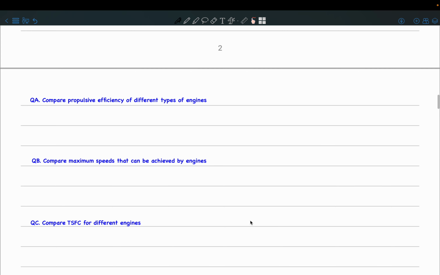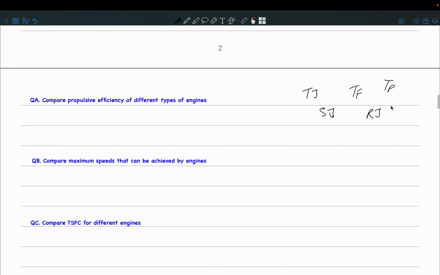Can you give me a comparison of the propulsive efficiency? We just discussed the definitions. Propulsive efficiency of different types of engines, and the options for you are turbojet, turbofan, turboprop, scramjet and ramjet.